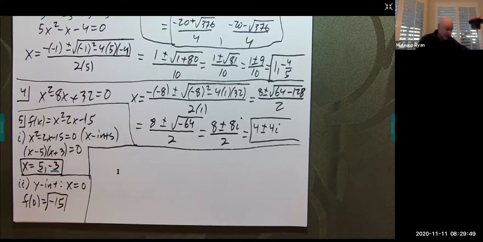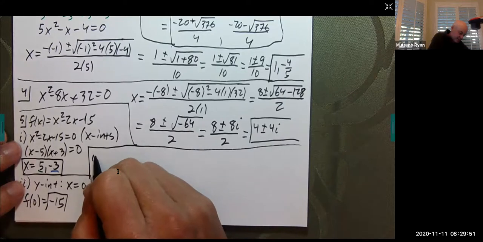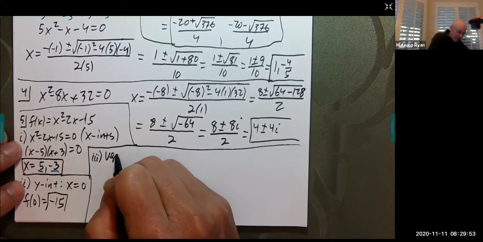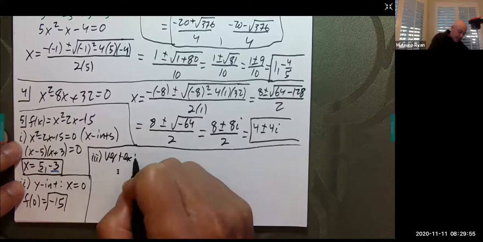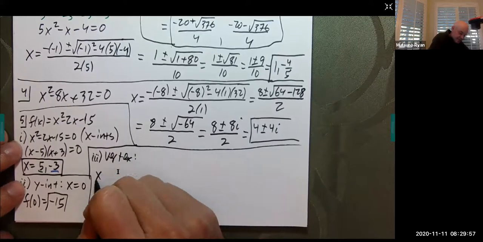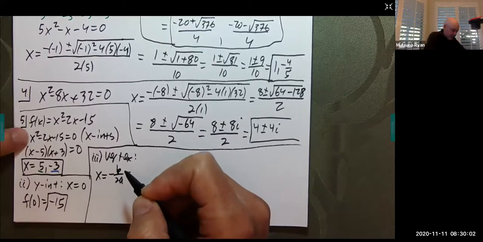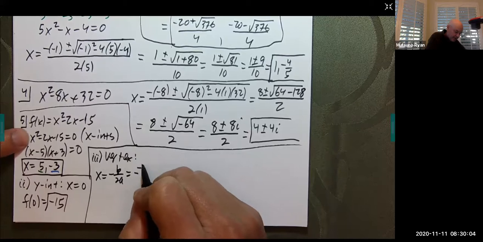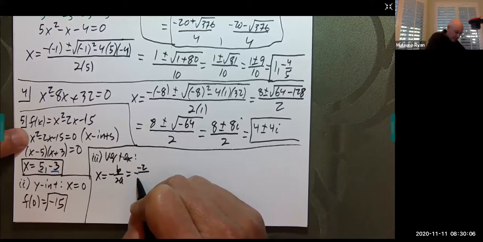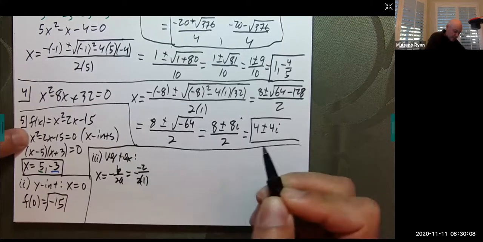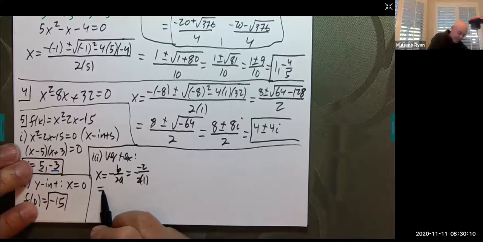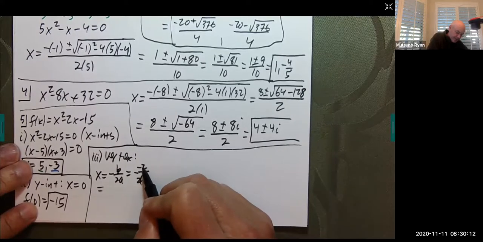Part 3 is for the vertex. That is x equals -b over 2a. So I'm back to here, -b, -2 over 2 times 1, is going to give me, that's positive 2 over 2, that's 1.